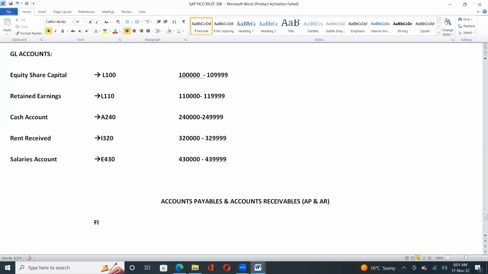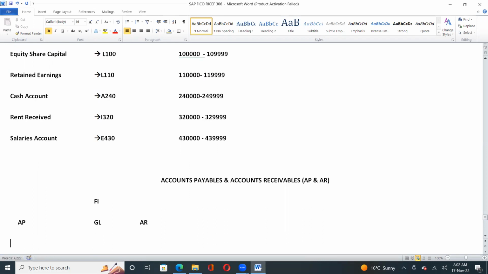The FI module, finance, is connected to GL. AP and AR are indirectly related to it. In AP and AR we are going to talk about MM integration in the AP module and SD integration in the AR module.